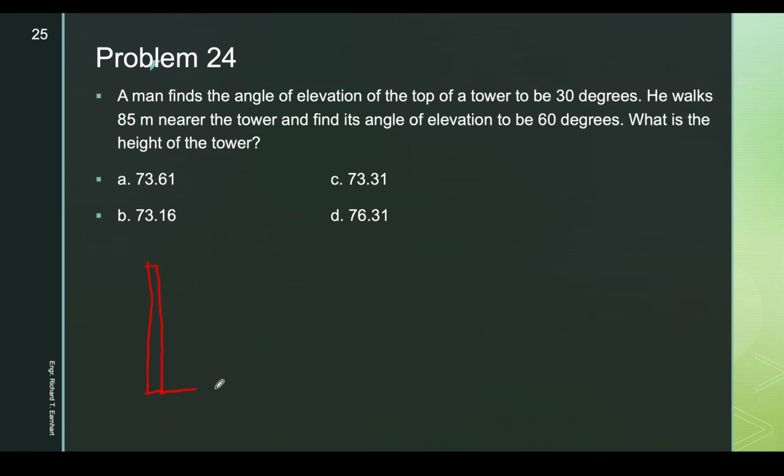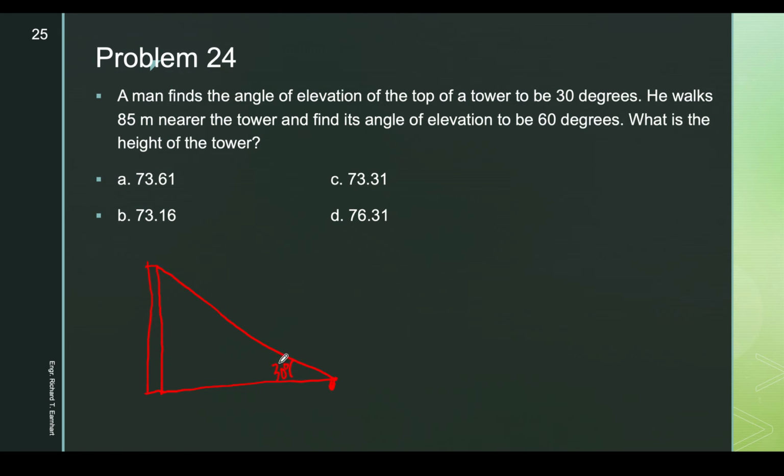Okay, so this is the eye level of the man who sees that the angle of elevation of the top of the tower is 30 degrees.